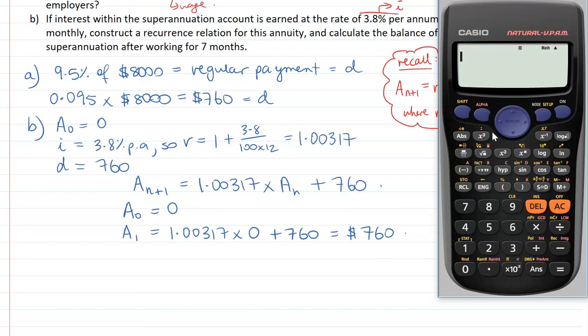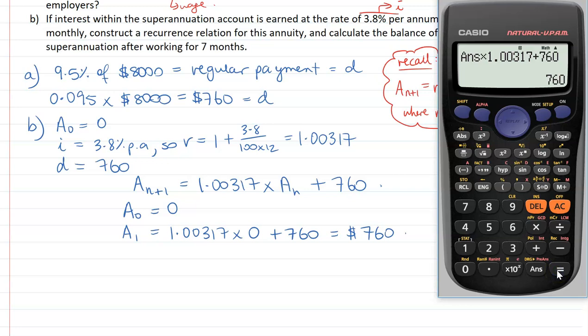Now remember when we did reducing loan balance recursions, we could set up the iterations to work for every recursion in our calculator. So what we did was we took our initial balance, in this case 0, entered it into the storage of the calculator by pressing 0, and then we want it to use the previous answer, so we'll just go times, enter in our rate, and add on that recurring payment of $760.